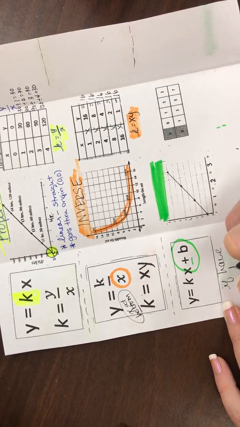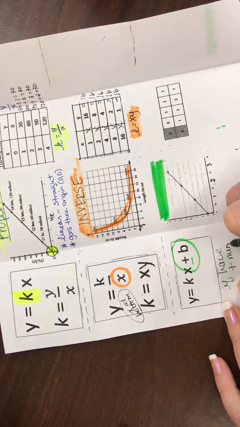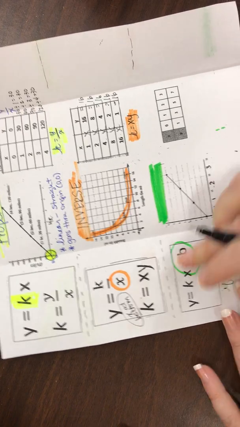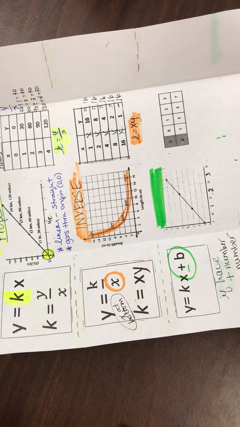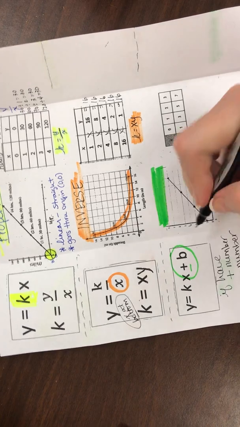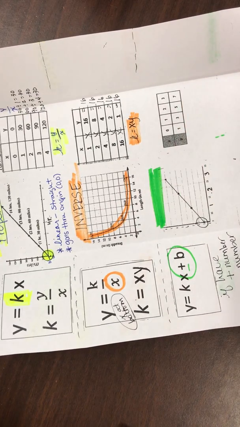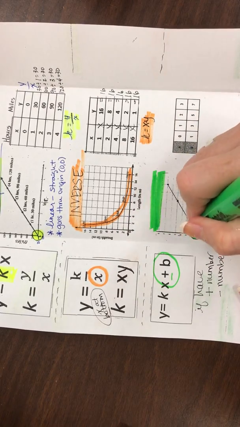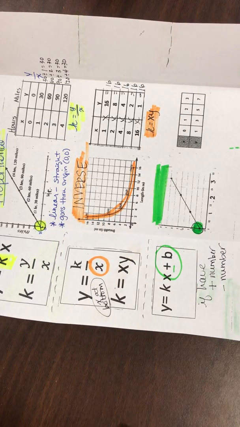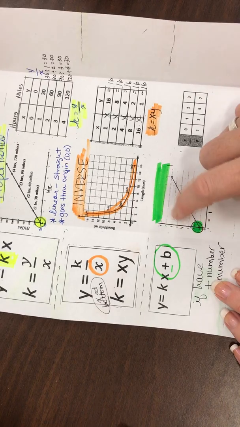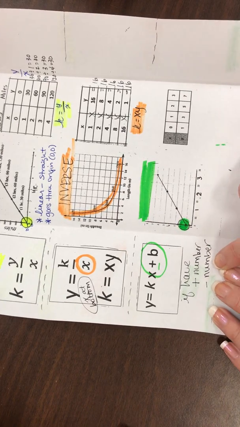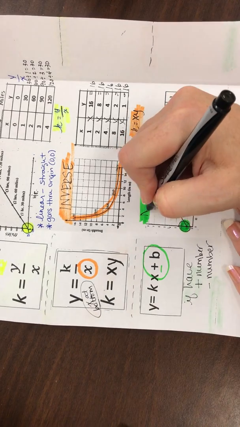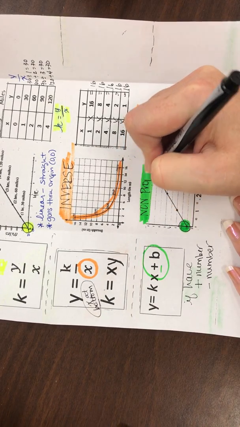If you have plus a number or minus a number, you can't have any pluses or minuses in our equation. The reason you can't is because that raises our line, crossing the y-axis not on the origin. It's missing it. If it's a plus number, it's above the origin. If it's a negative number, it's below the origin. So that would make it non-proportional.